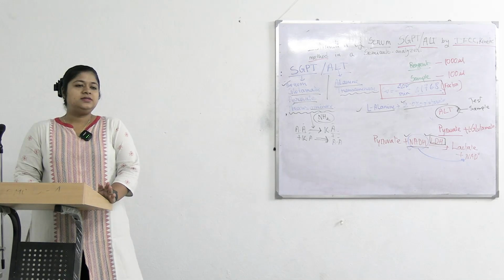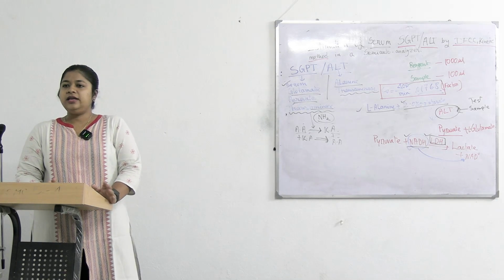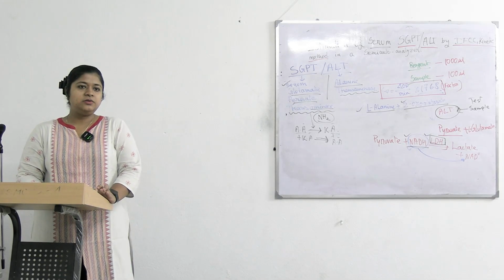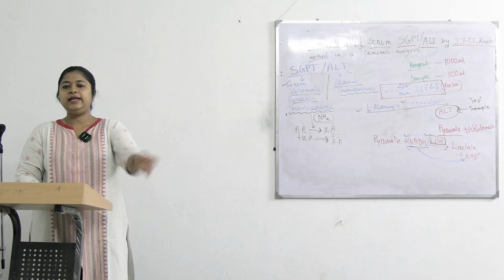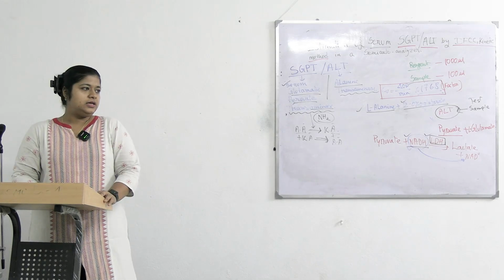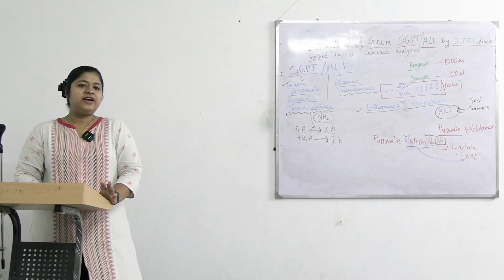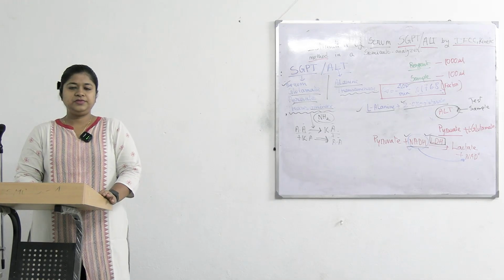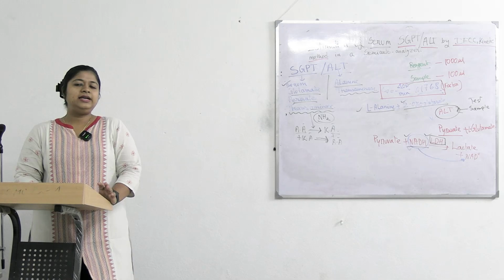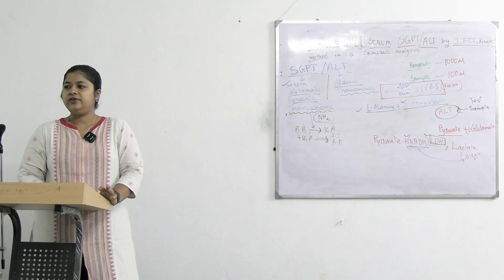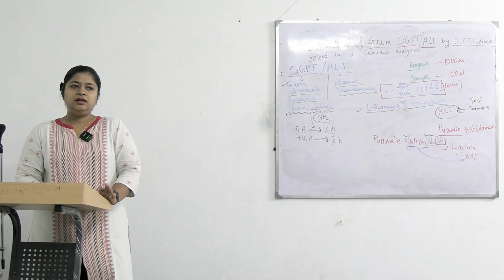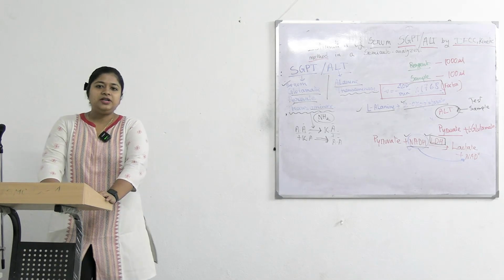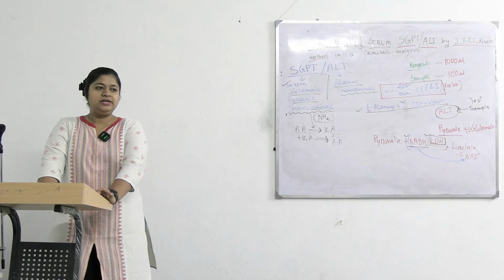Now to see whether our result is in normal range or abnormal range, we have to know the normal range. What is the reference range for ALT or SGPT? It is below 35 for women and below 45 for men. So we calculate it as less than 45 IU per L. For general estimation, we look for whether the value is below 45 or not.